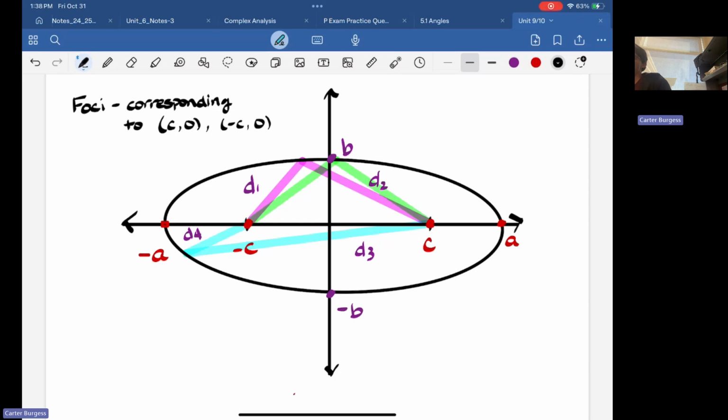We didn't spend a whole lot of time working with circles this year for this particular class. But we have an algebraic definition for circles, which is essentially the set of all points that are a fixed distance from a center. So if you think about every single point on the edge of a circle, it is a fixed distance r from the center of the circle.